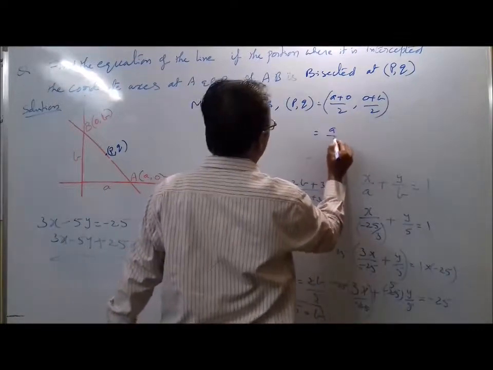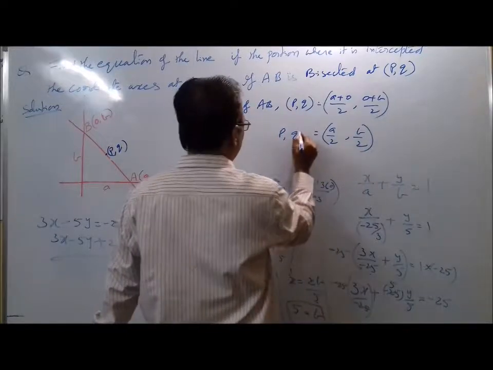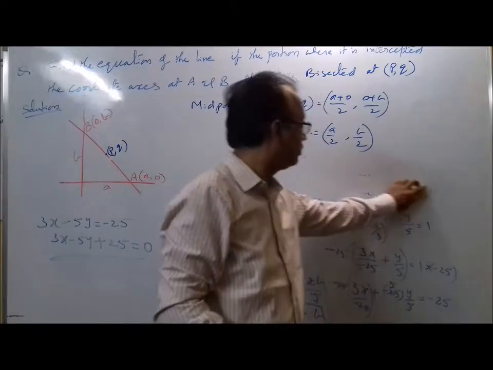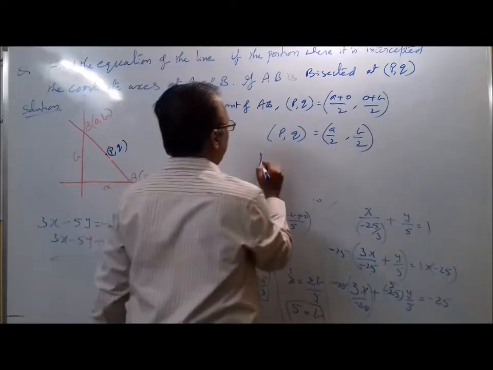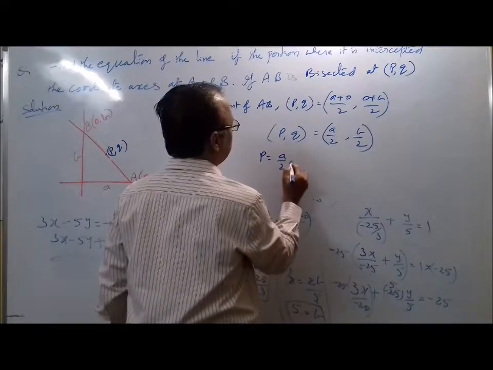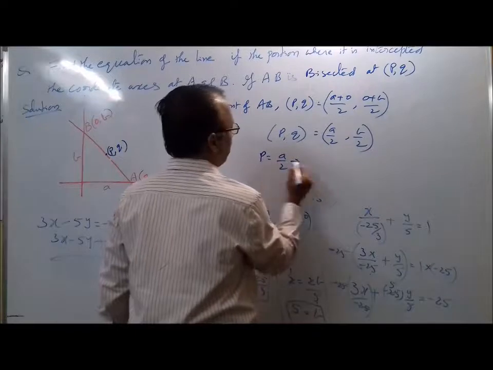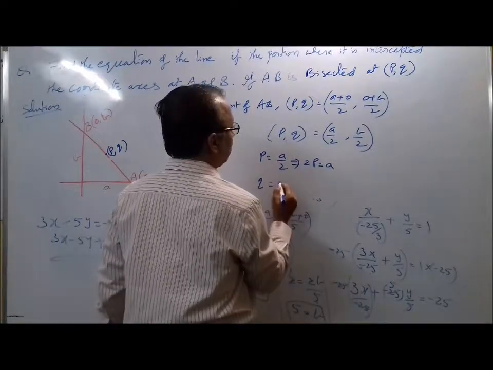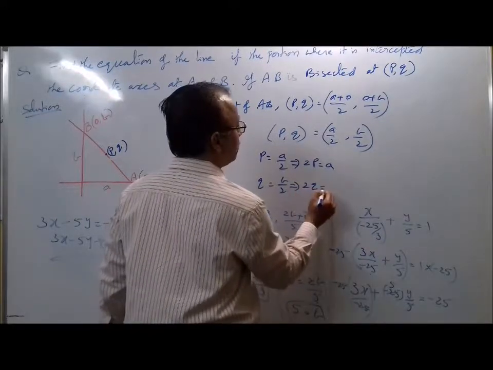That is a by 2 comma b by 2, P comma Q. Then what is P equal to? a by 2 implies a is 2P, cross multiplication, and Q is equal to b by 2 implies 2Q is equal to b.